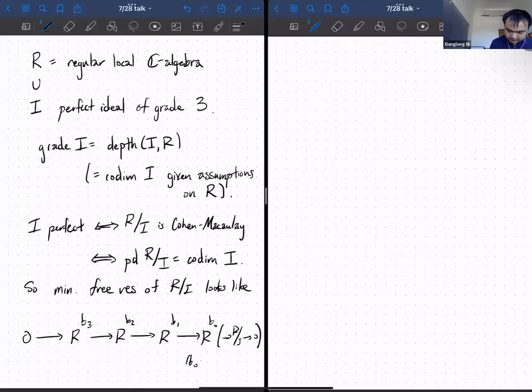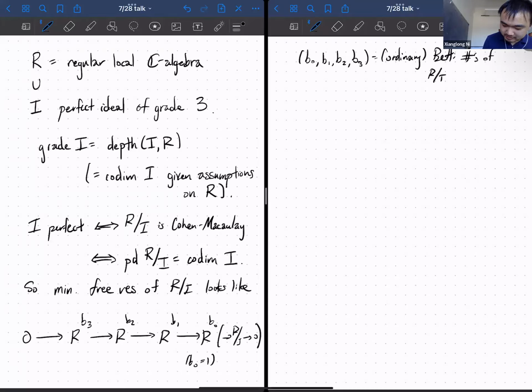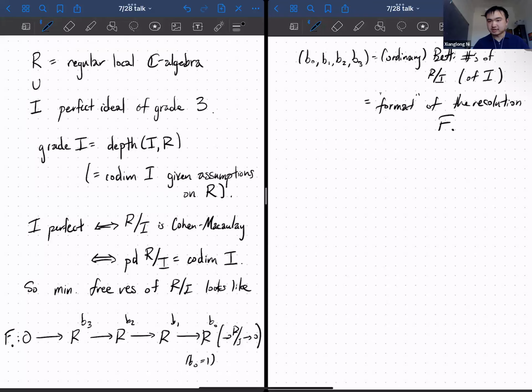Our b0 equals 1, of course. And just to introduce some terminology, b0, b1, b2, b3 are the ordinary Betti numbers of R mod I, and sometimes I'll be sloppy and just say of I. We'll also call this the format of the resolution F. The format is just the sequence of ranks of the free modules.